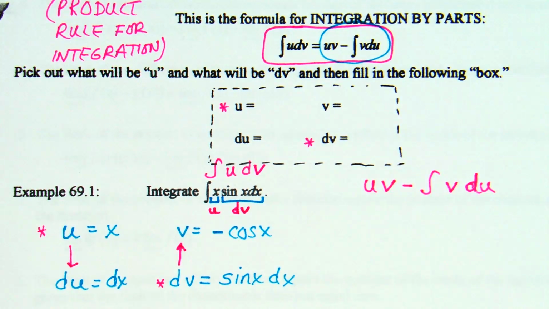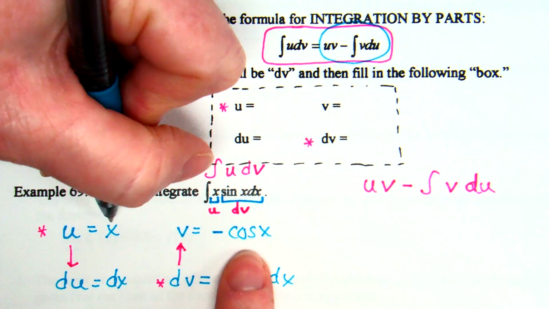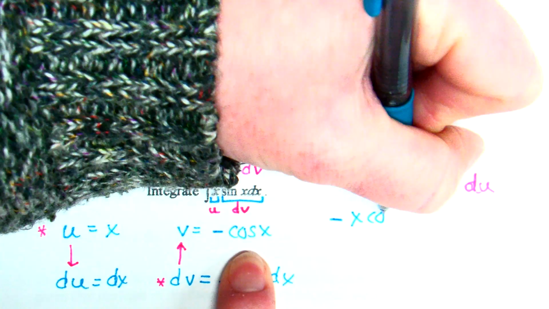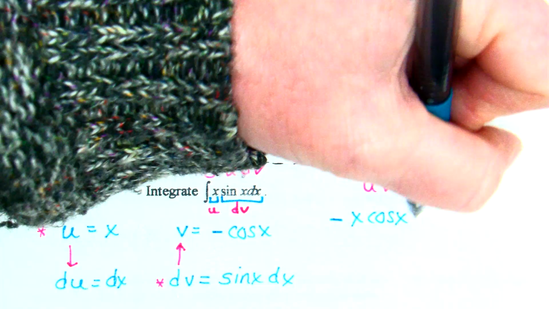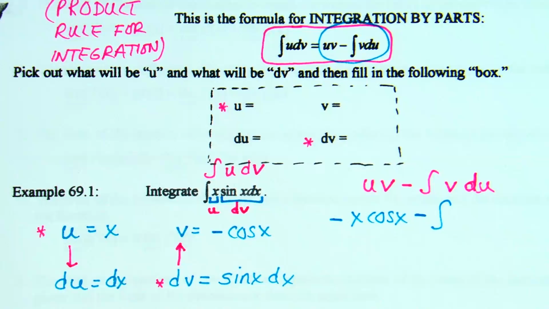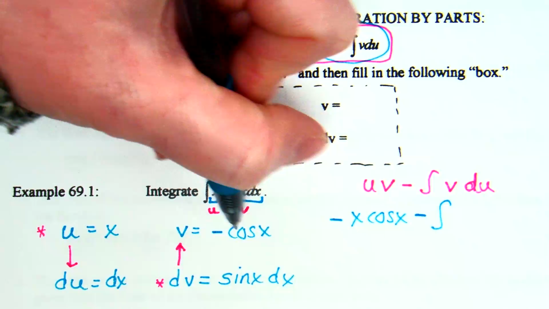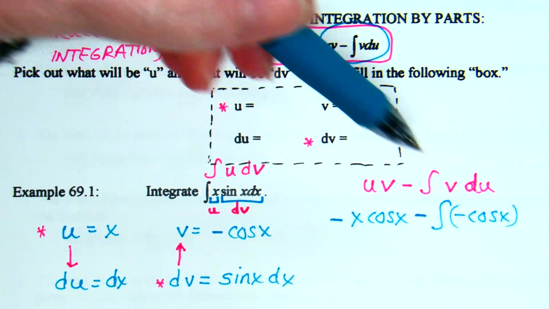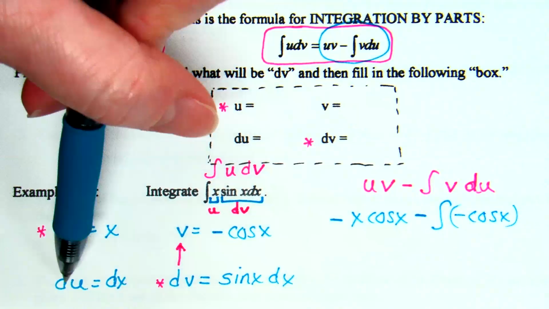You have that in your box, yes? uv is going to be x times negative cosine x, which can be written as negative x cosine x, if you're okay with that, minus the integral of v. What's v? Negative cosine x. And then it's du. What did my du end up being? Just a dx.